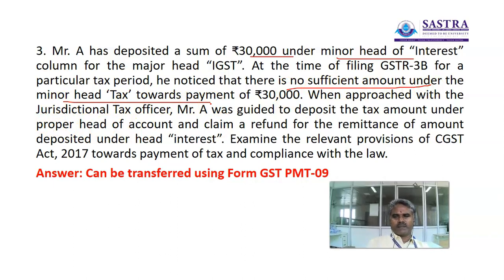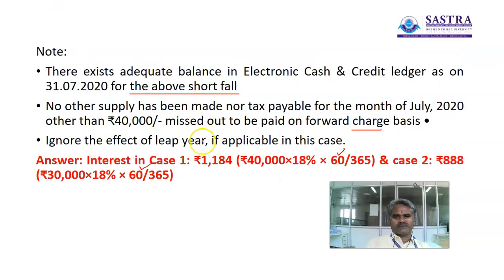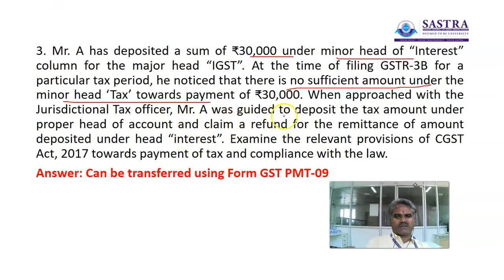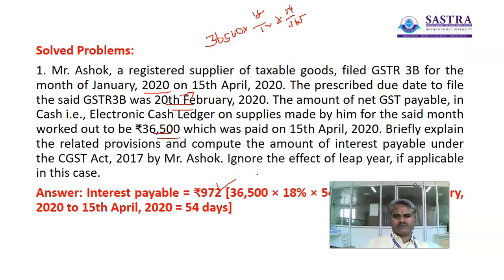When approached, the jurisdictional tax officer guided Mr. A to deposit the amount under the proper head of account and claim the refund of the amount deposited under head interest. Examine the relevant provision.